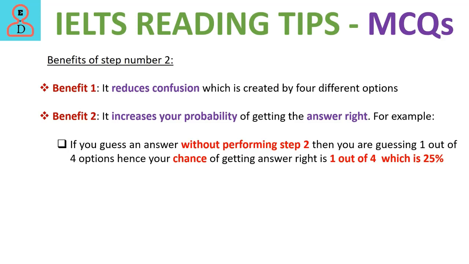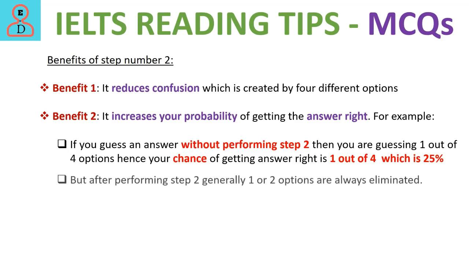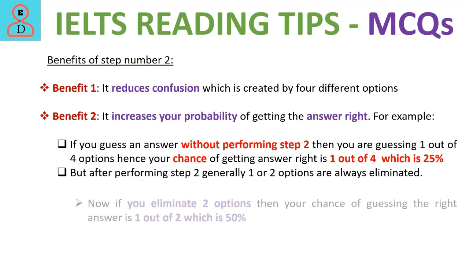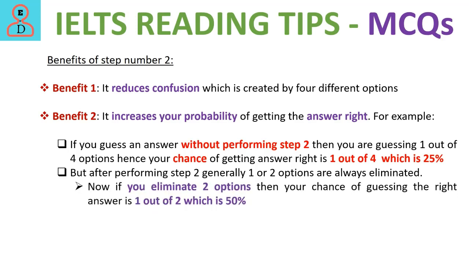But if you perform step number 2, then generally 1 or 2 options are always eliminated. Now, if you have eliminated 2 options, then you are making a guess out of remaining 2, which means 1 out of 2 or 50% chance of getting your answer right.